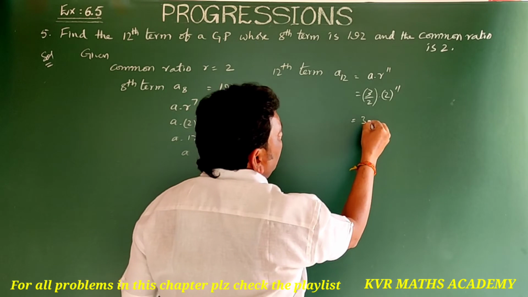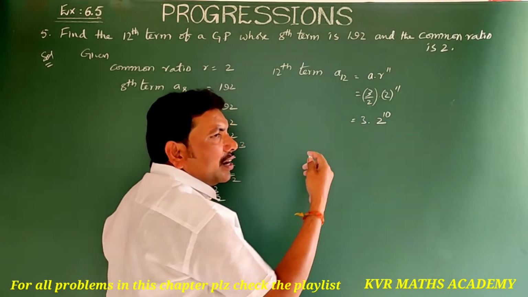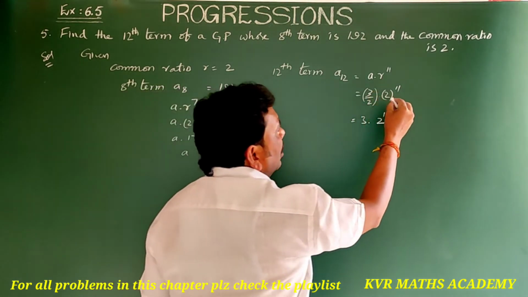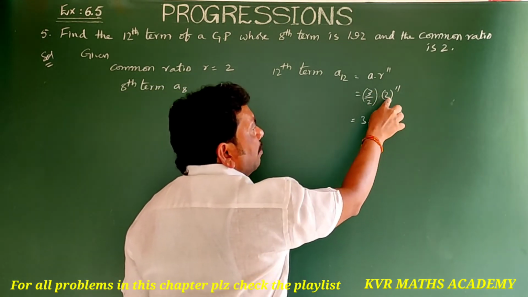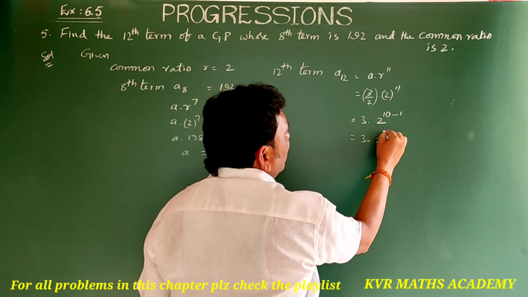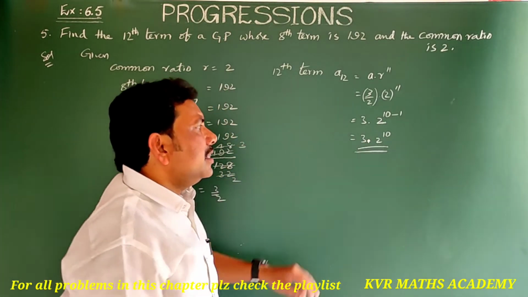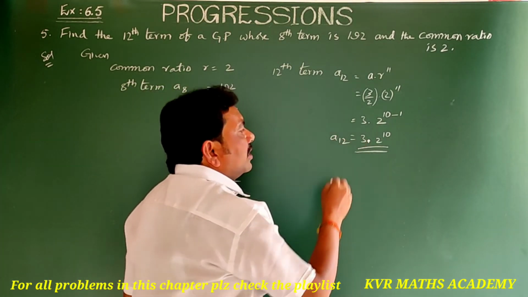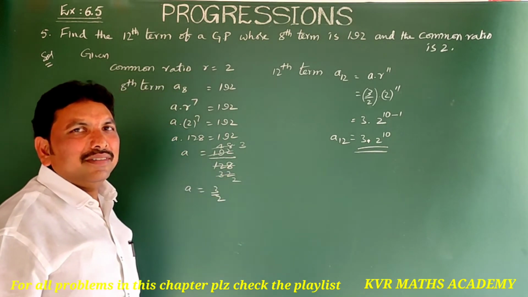That is equal to 3 into 2 power 10, because the denominator 2 transferred upside becomes minus 1, and a power m by a power n is a power m minus n. So a12 is equal to 3 into 2 power 10. Understood clearly? Yes, note it down.